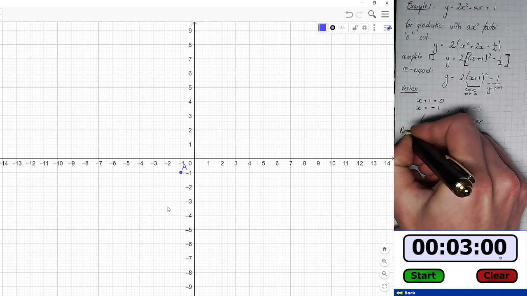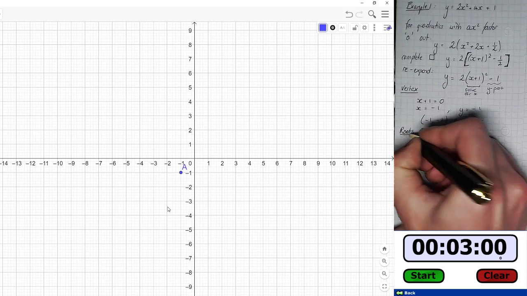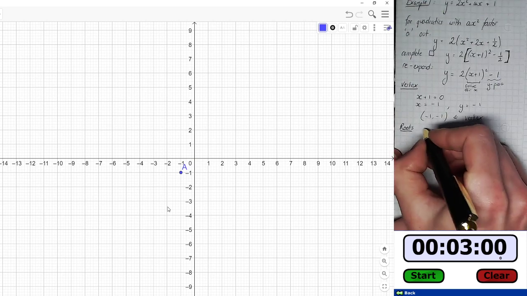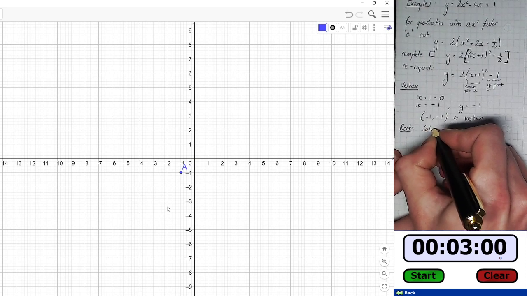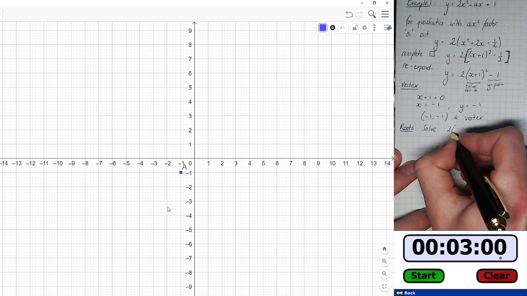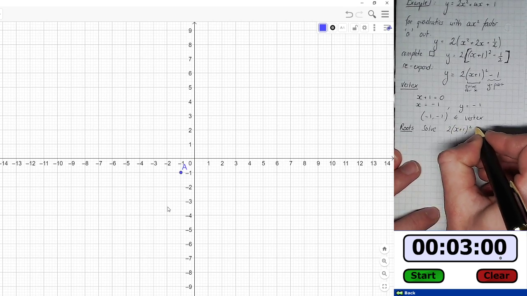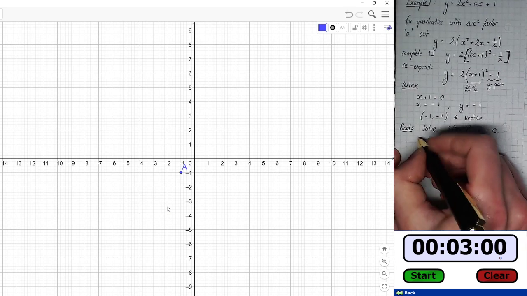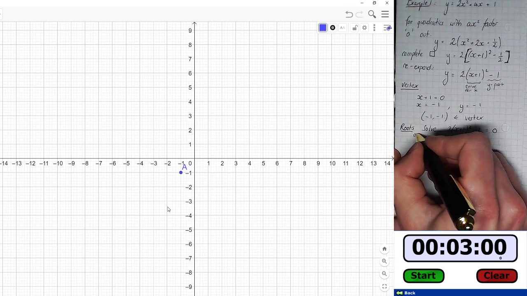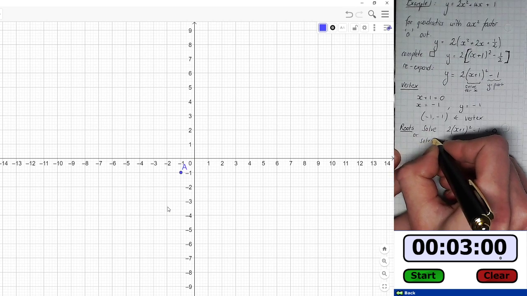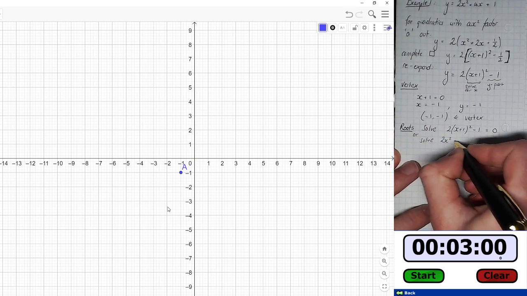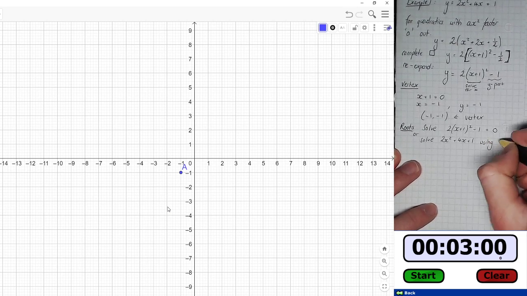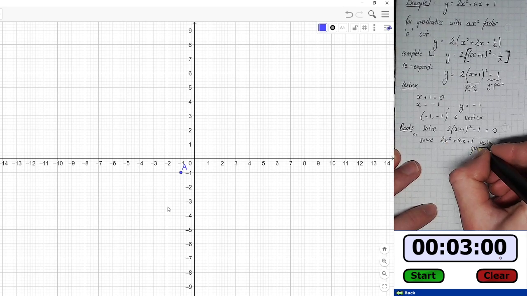Now we need to check if we've got any roots. Okay, so for the roots, we solve that equation. Or we could solve 2x squared plus 4x plus 1 using the quadratic formula.